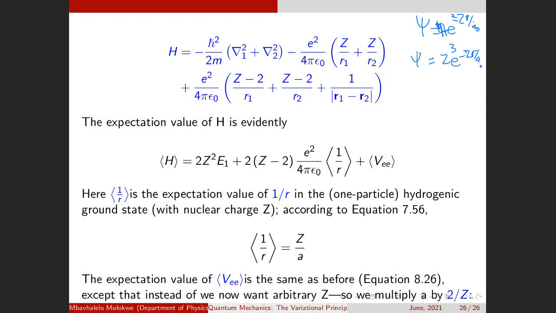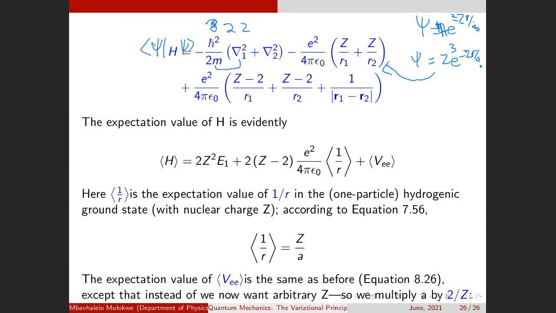Then I take this trial wave function and compute the expectation value. So these terms will not change.